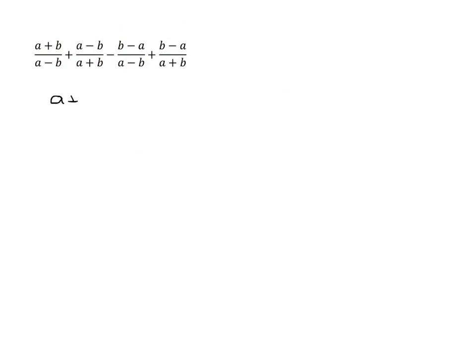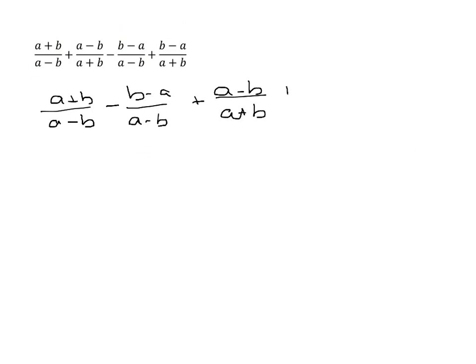So we have a plus b over a minus b minus b minus a over a minus b plus a minus b over a plus b plus b minus a over a plus b. So all I did was rearrange, but now I have some common denominators happening.